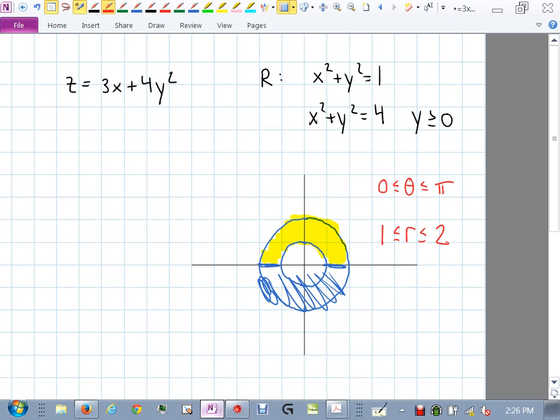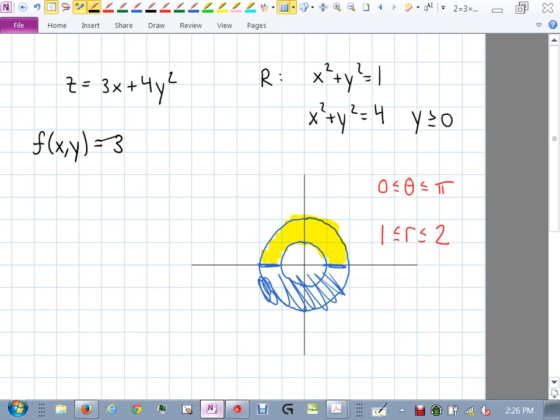So we pretty much have the region under control, don't we? We've got restrictions on theta and r. We're trying to find the volume underneath that thing. That function is already solved for z, so I can look at it as f of x, y.